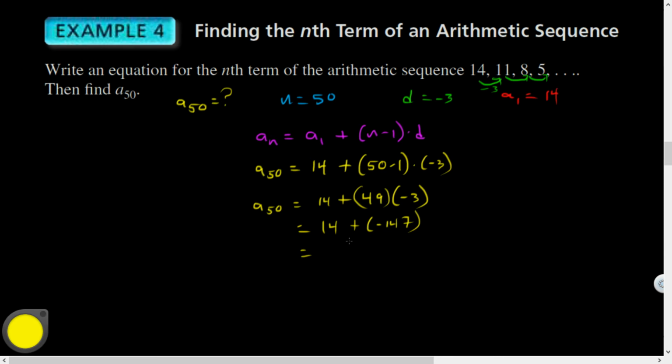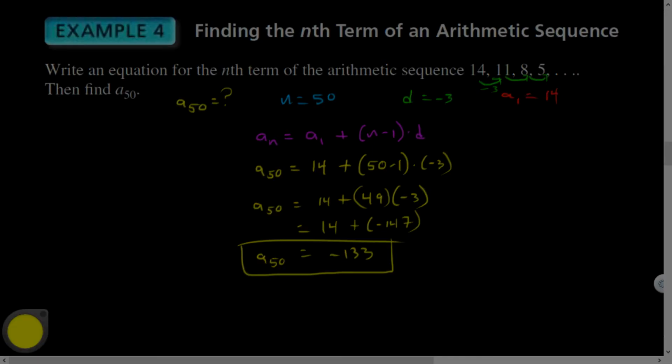Yeah, so that's the same as 14 minus 147, which is negative 133. That means the 50th term in this list is negative 133, right? So I can predict its value using the equation.